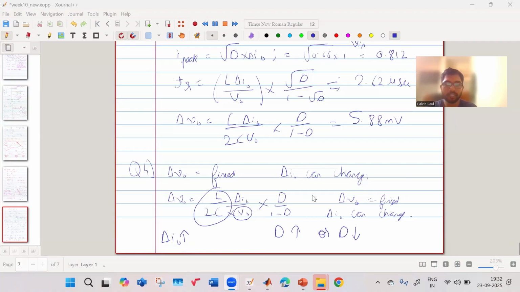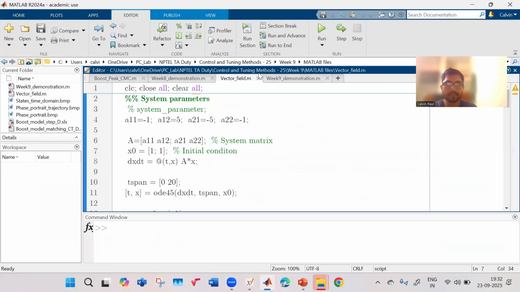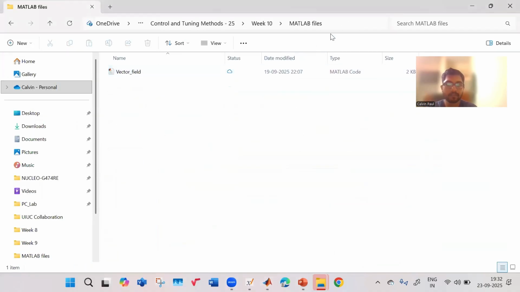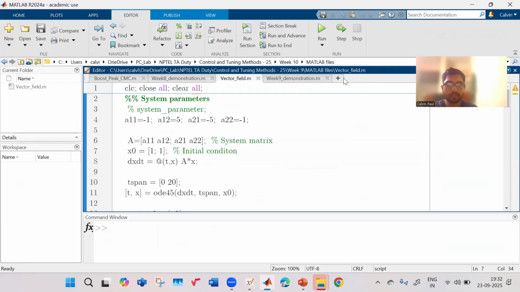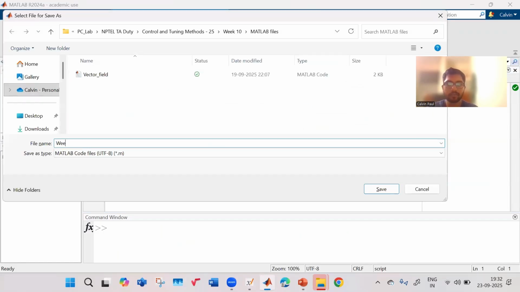You could also just plot it and check once, and demonstrate it.